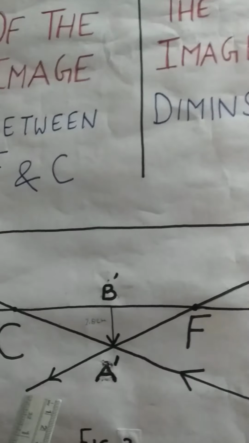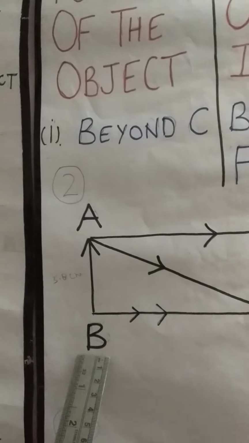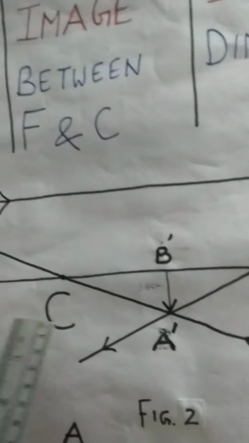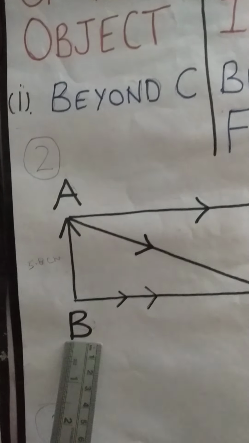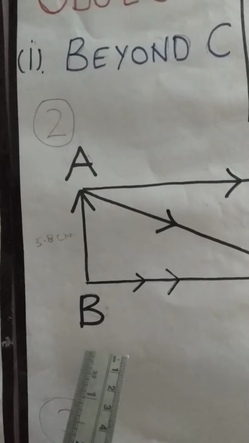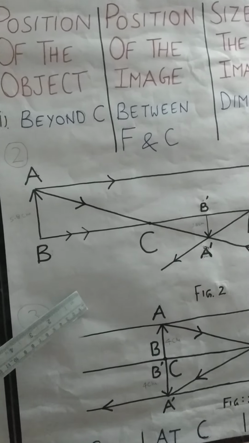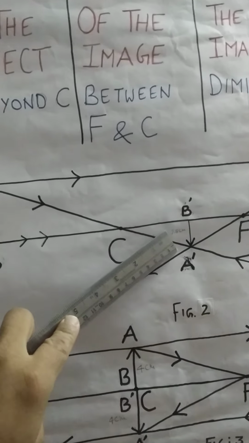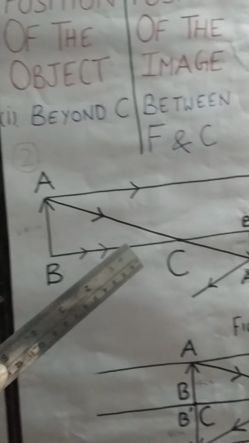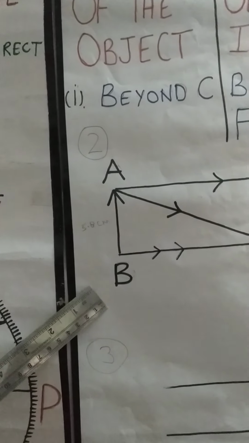Size of the image: diminished. Diminished means small. By observation you can see that the size of image B dash A dash is small in comparison to the size of the object.